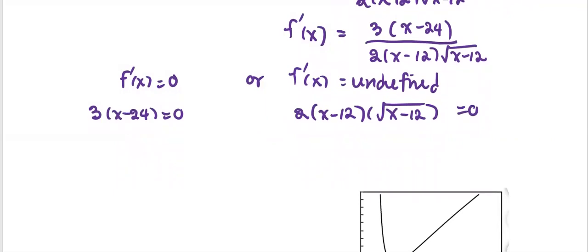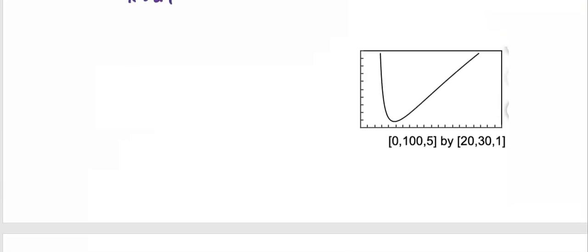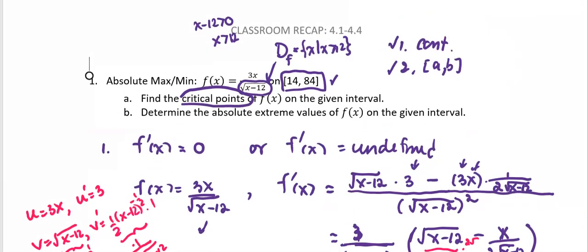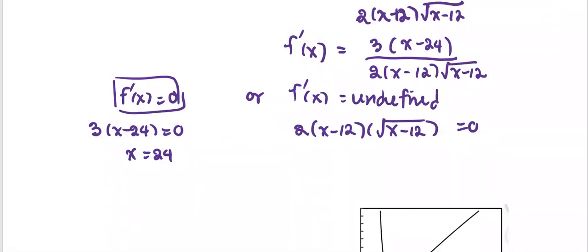And then what we have to do next, the critical number from the case at f prime equals 0, we have x equals 24. Is 24 located in the interval that's provided? So it's 14 and 84. Yes, we keep this one because this one is on the interval.